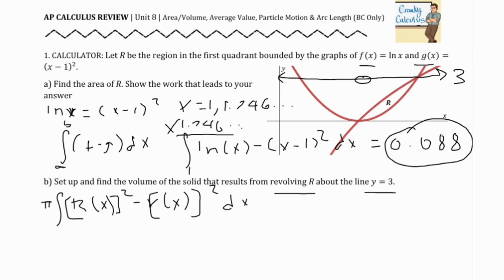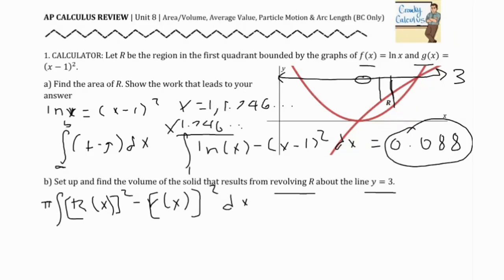What big R and small r are is the distance from the line, the bigger radius and the smaller radius with respect to the axis of rotation. The bigger radius would be this section right here, and the smaller radius would be this section right here. And we would be revolving that around the line y equals 3.